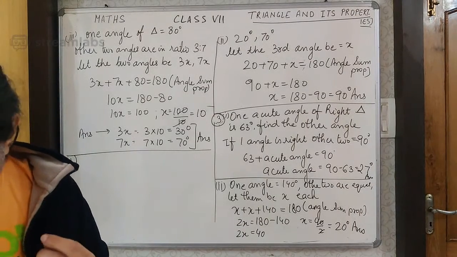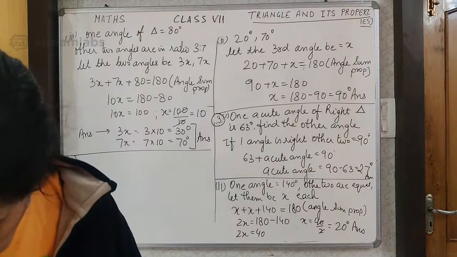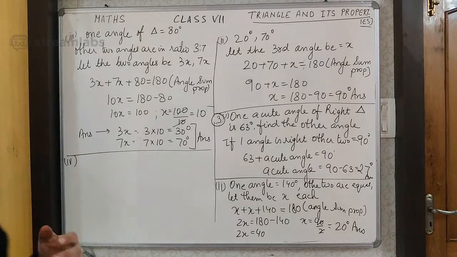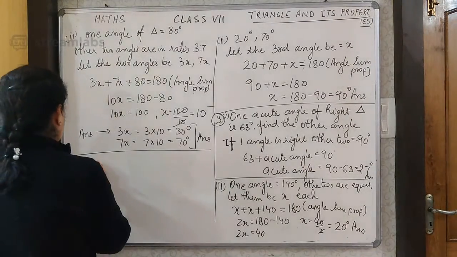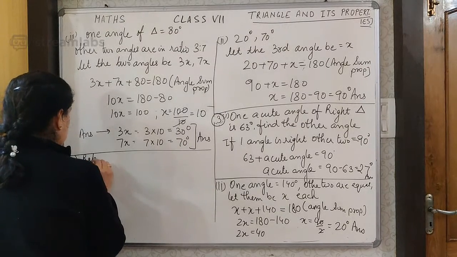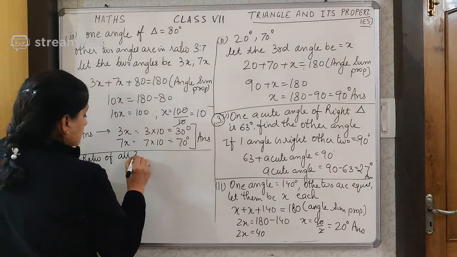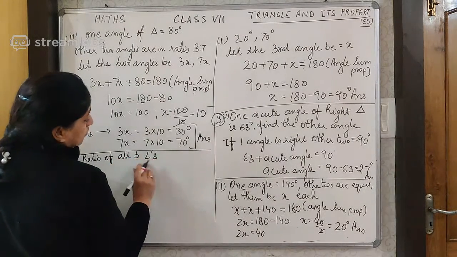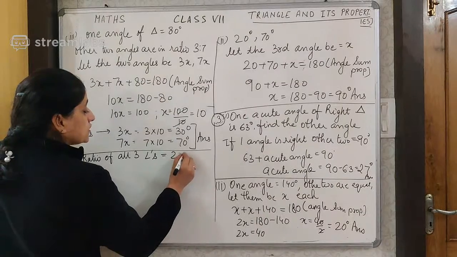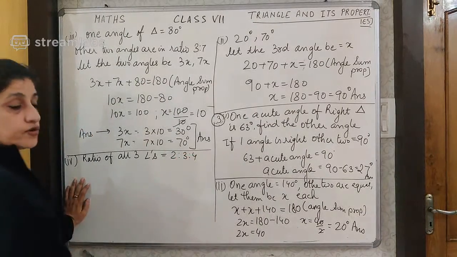Now, the next question is, the angles are in the ratio 2:3:4. The ratio of all three angles, this is the symbol of angles, is equal to 2:3:4.